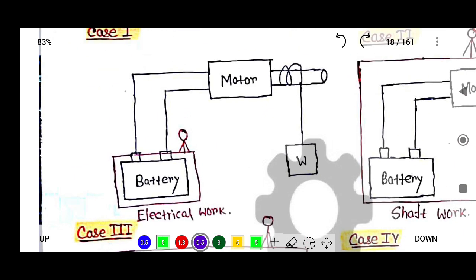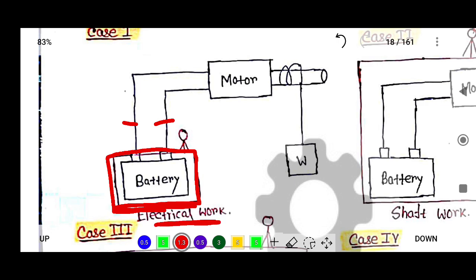consider this is your boundary, meaning where you focus your study. So suppose this is your boundary. From this boundary you see that the weight is lifting, but here an electrical wire is passing through this boundary, so this is electrical work.